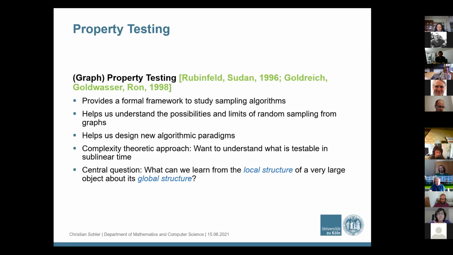It can be used to obtain a better understanding of the possibilities and limitations of random sampling from very large networks, and to design new algorithmic paradigms. We usually follow an approach driven by complexity theory: we want to understand what classes of properties can be tested in sublinear time.